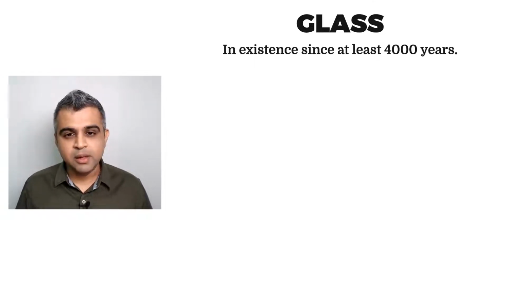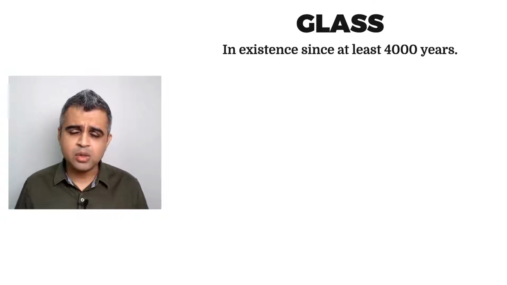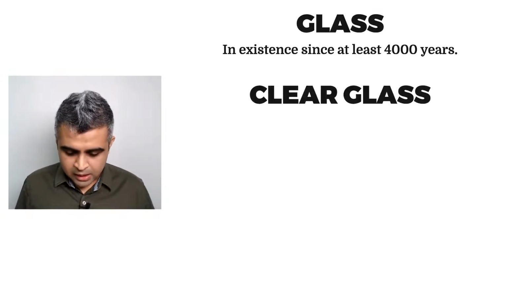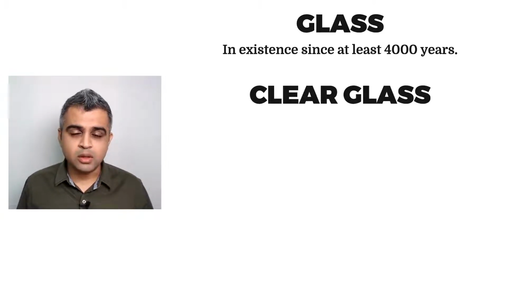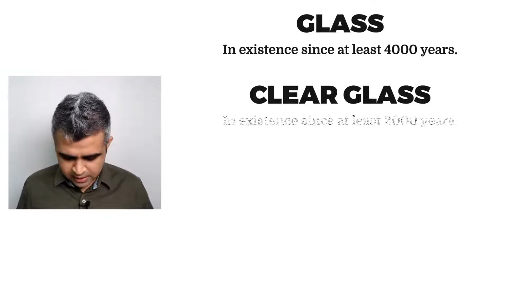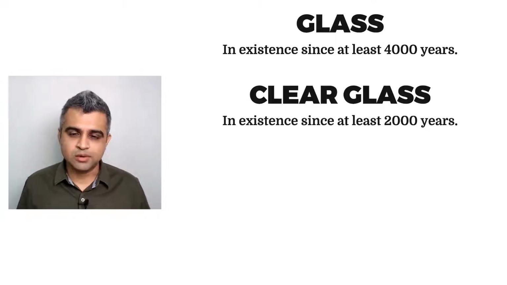Somewhere in Arabia, it is estimated that glass originated, or glass was discovered from silica, or how glass could be made from sand. That was discovered somewhere around 4000 years ago. Clear glass, glass without impurities, or glass of very fine quality, glass which has good transparency, has been in existence at least for the past 2000 years.